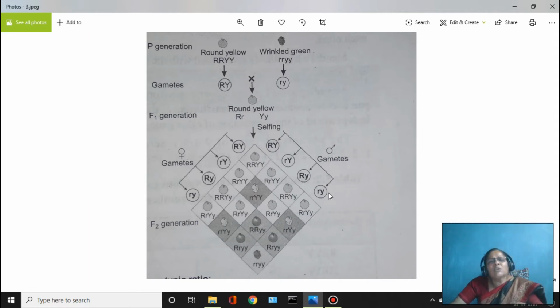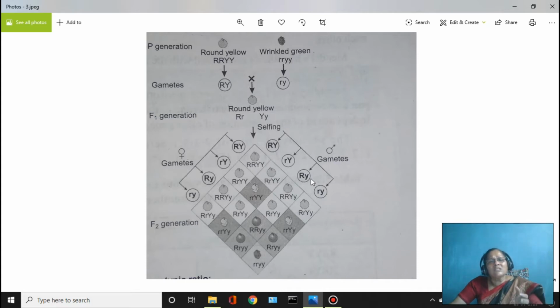That is, when two independent events occur simultaneously, the combined probability of two outcomes is equal to the product of their individual probability. That is why he said 3:1 into 3:1 gives 9:3:3:1.